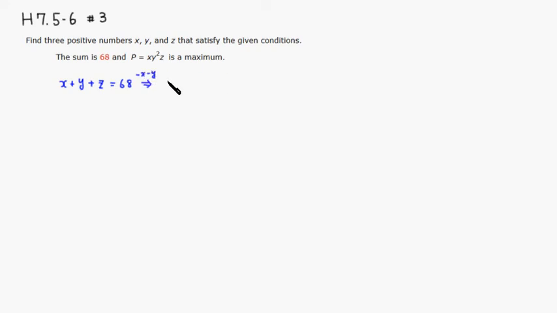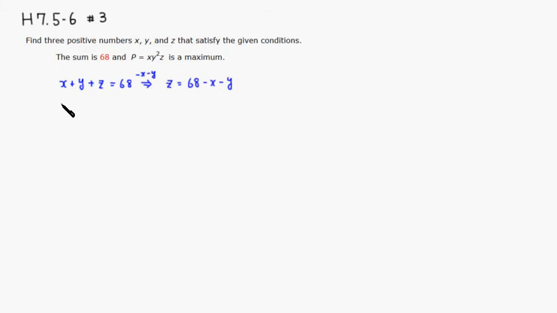So we can write z is equal to 68 minus x minus y. Since we do not want to deal with three variables at the same time, we can get rid of z and just rewrite z in terms of x and y.